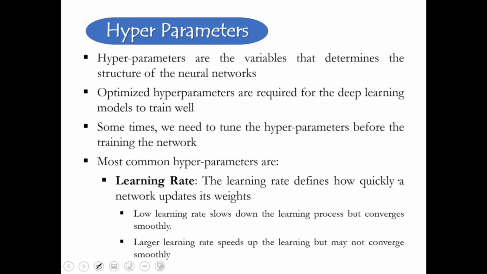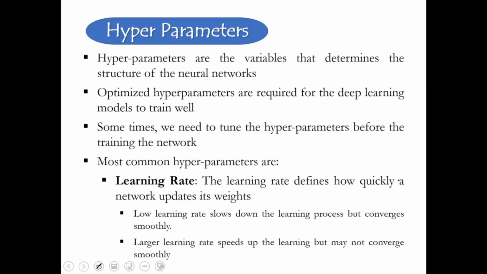After each iteration, the model parameters are optimized based on the output we are getting, based on the accuracy values or the loss values. The hyperparameters are the variables that determine the structure of the neural networks. There are different types of hyperparameters, and we need to tune the hyperparameters before training the networks, right?